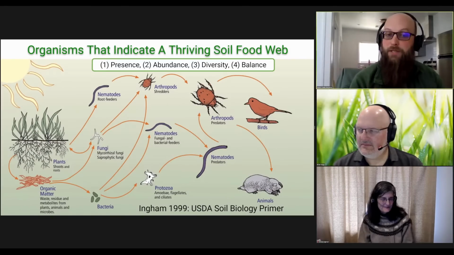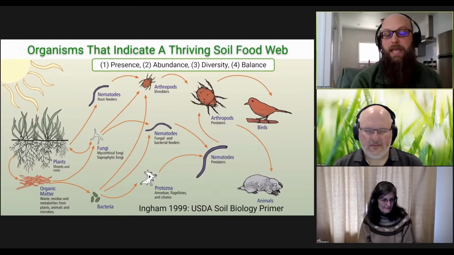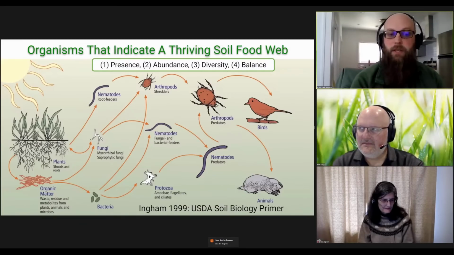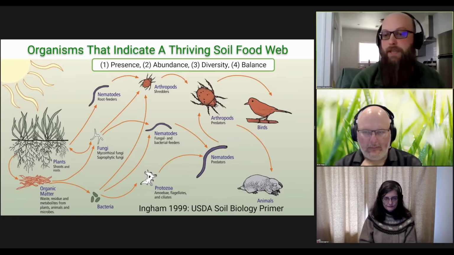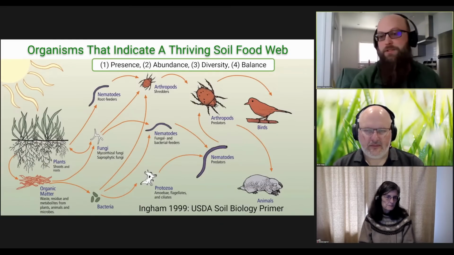So if we have the presence of all of these components of the soil food web, and if they're abundant and thriving, and if we see diversity there, and if there's balance between the different predator and prey groups, for example, then you end up not needing to add a bunch of costly inputs, and you can see massive productivity and resilience. These systems periodically faced drought, and the plant communities could still produce in a drought year, right?